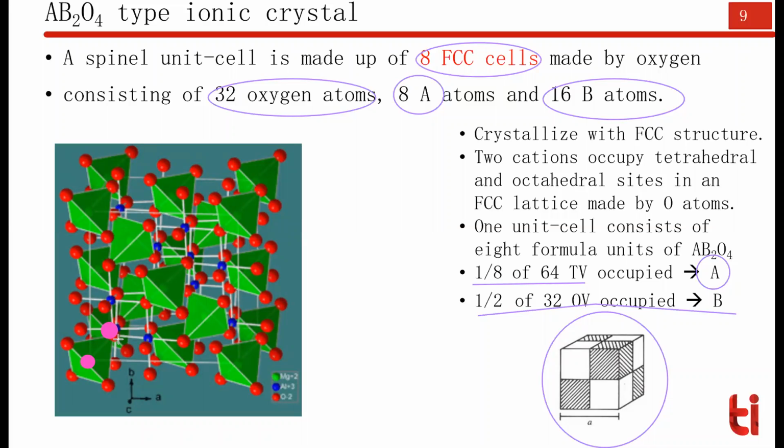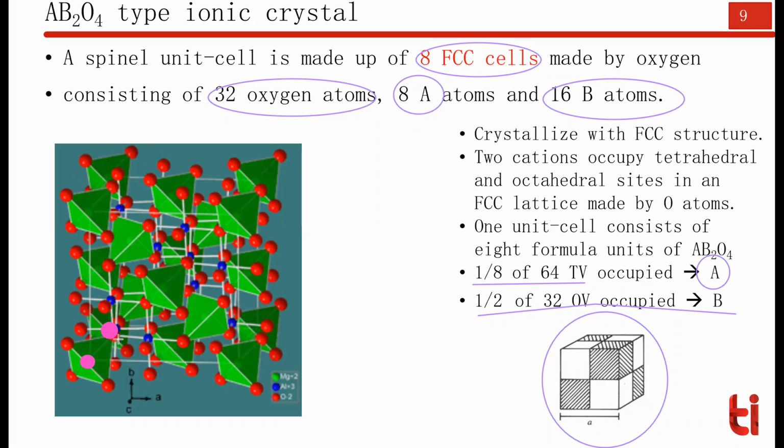So overall, what you should remember is the spinel lattice is made up of 8 subunits of FCC, where the lattice site is occupied by oxygen. A occupies the tetrahedral void, only 1/8 of the total, and B is occupied at the octahedral void, occupying 1/2 of the total available octahedral positions.